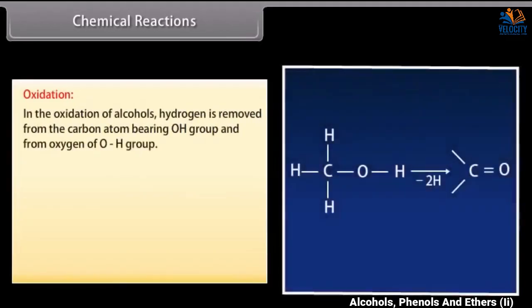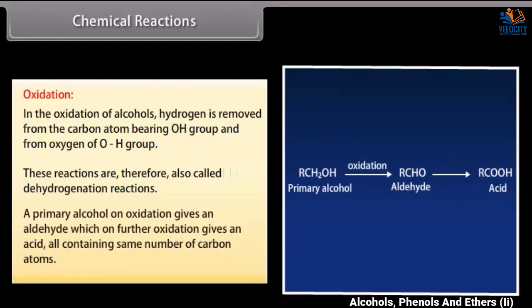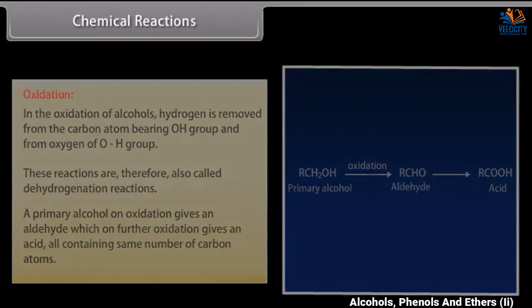Oxidation. In the oxidation of alcohols, hydrogen is removed from the carbon atom bearing the OH group and from the oxygen of the OH group. These reactions are, therefore, also called dehydrogenation reactions. A primary alcohol on oxidation gives an aldehyde, which on further oxidation gives an acid, all containing the same number of carbon atoms.